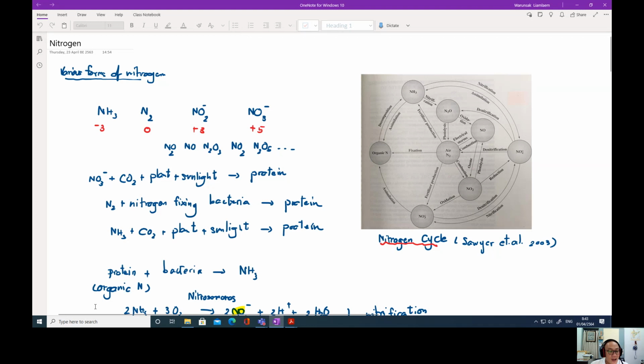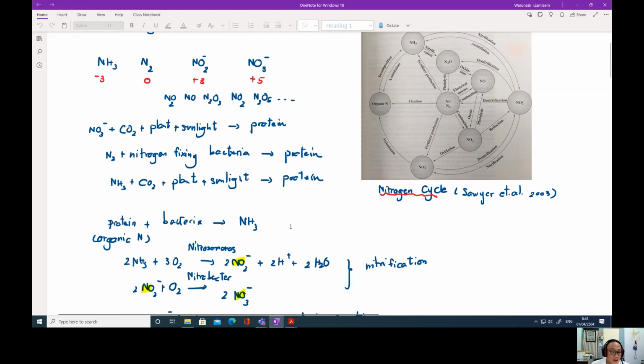Okay, and for the proteins, on the other hand, microorganisms can also change these proteins into ammonia. Ammonia is actually the breakdown of the amine groups from the amino acids. So ammonia is actually separated from the organic proteins themselves.